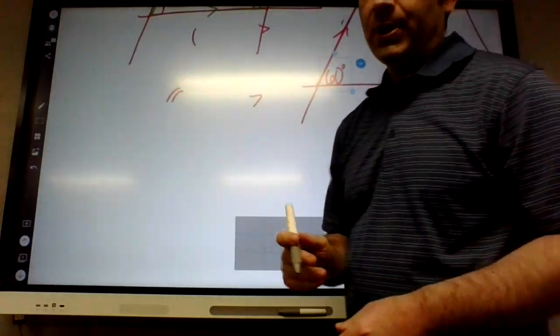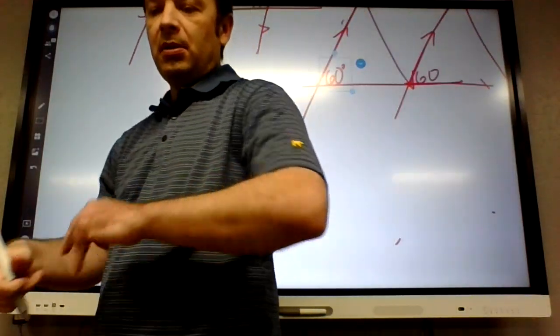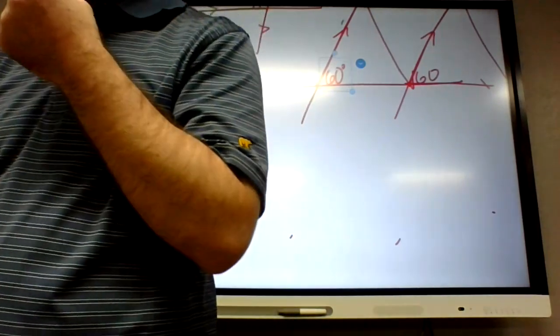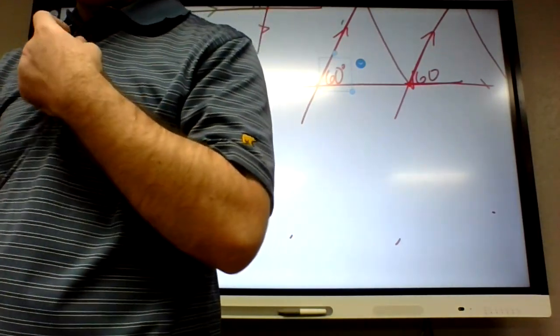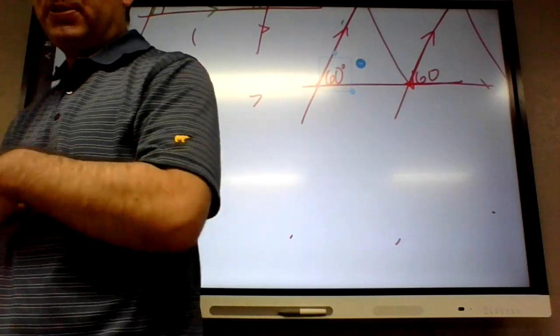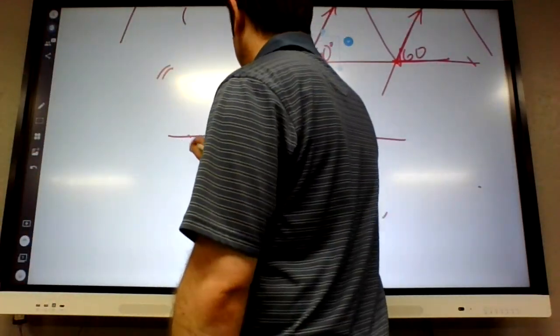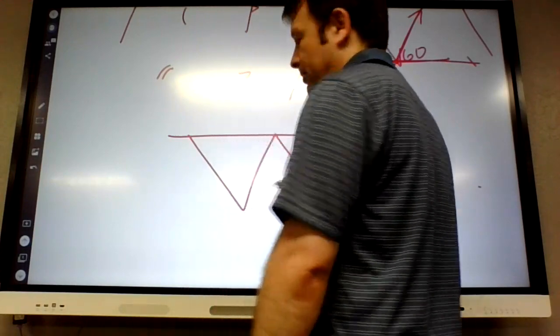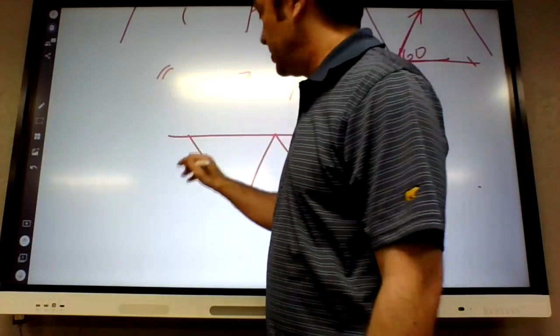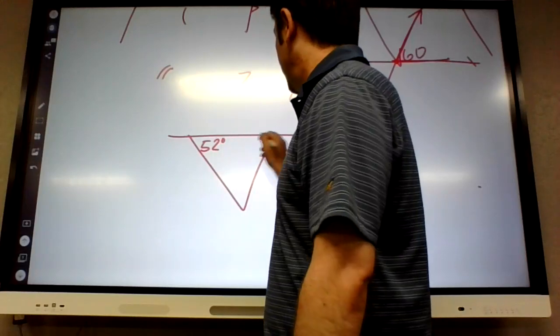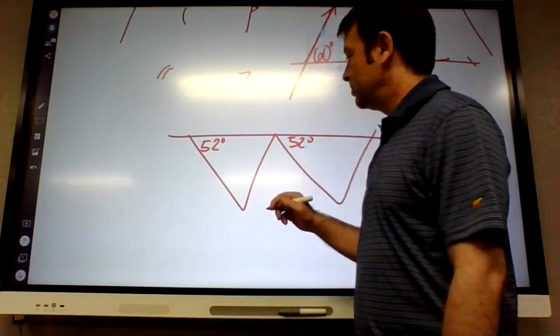Okay, number one. Which segments can be proved parallel? Number one looks like my picture that I just drew, except it's upside down. They put 52 right there and there.